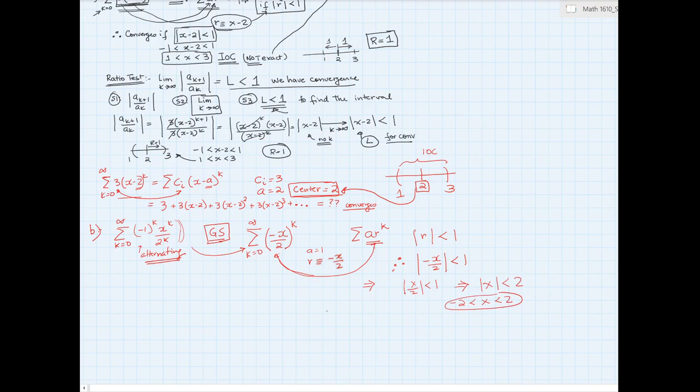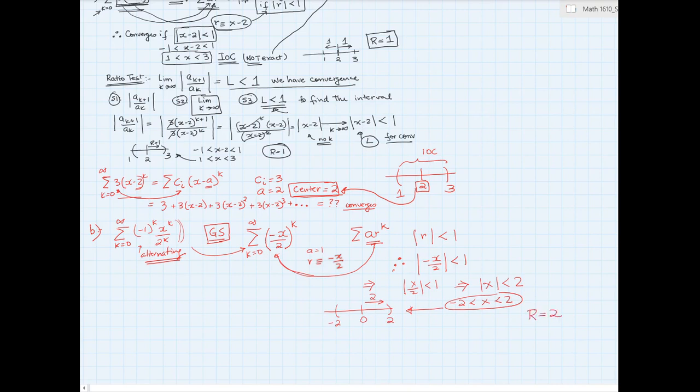So as our usual thing, let's draw the interval negative 2 to 2. Center is obviously 0 and radius is 2. So the best way to do it is after you find this, you should draw the interval and from there you can figure out the radius.